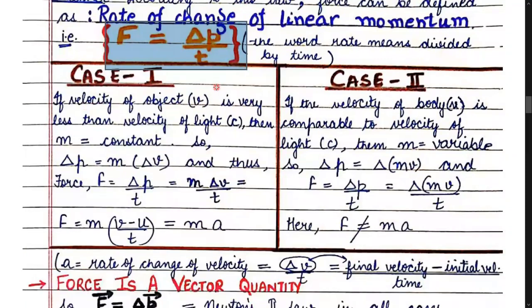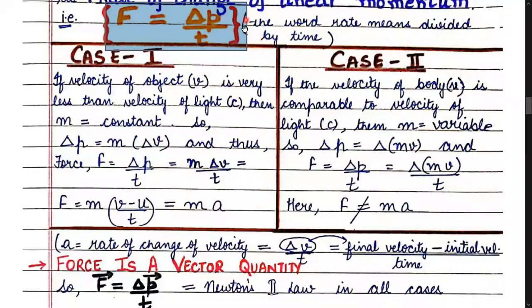So children, if velocity of the body is v, which is very less than velocity of light in air, then we say mass is constant, and we get the formula of F as mass into acceleration. So F is equal to ma is possible only when the mass of a body is constant while it is moving.